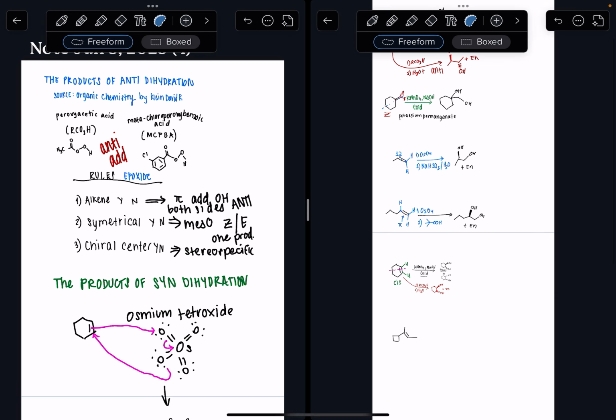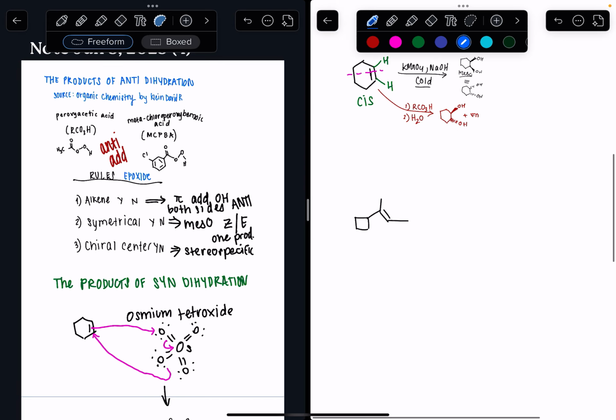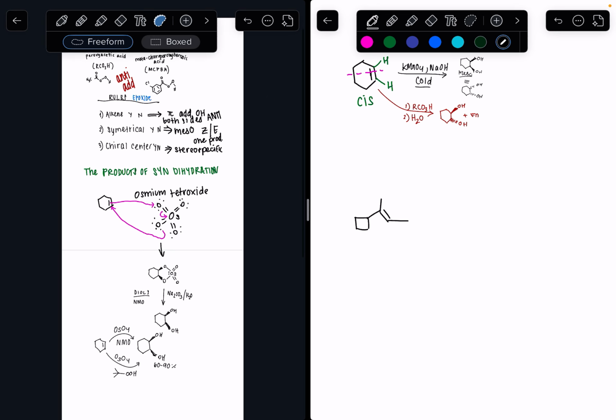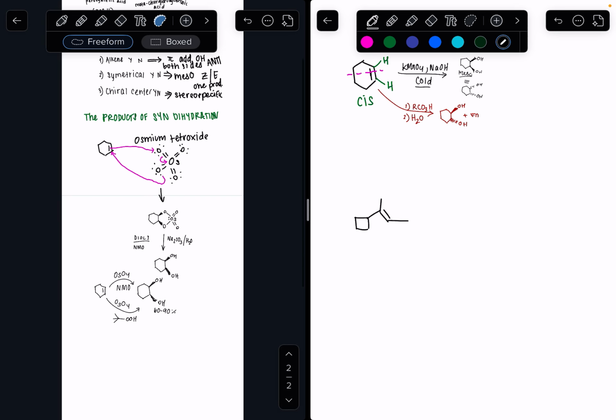So I suggest going through and only working on basic, then only working on acidic, and integration at the end. All right, so here's our rule book, here's our molecules and what we're doing. And on our last question here, now let's solve this for both basic and acidic conditions.